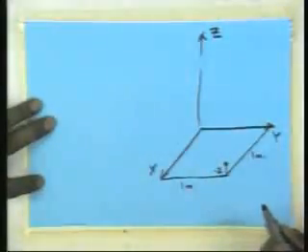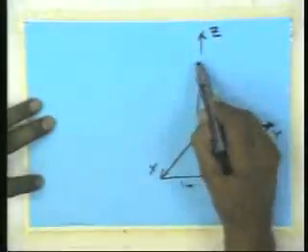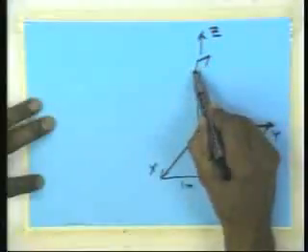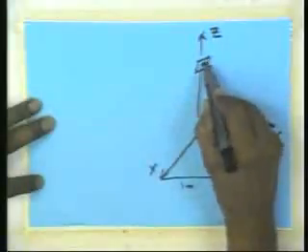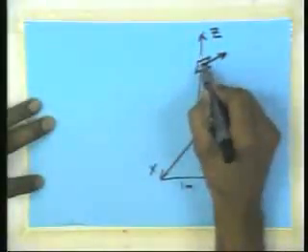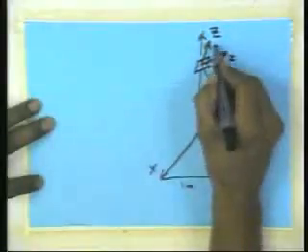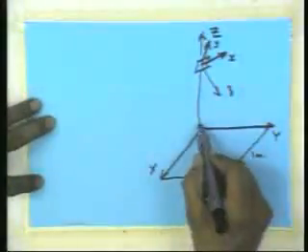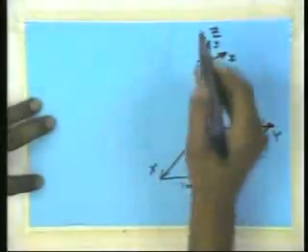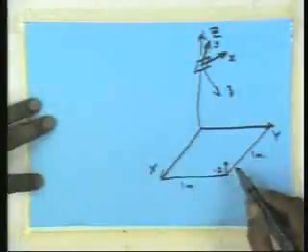This point I want to know where this will appear if I had a camera which is mounted with the image plane with the axis, so this is my x axis, y axis and small z axis. So my camera is put with the image plane center along the global z axis, and I am looking at this point and I want to know where this will appear in the image plane.